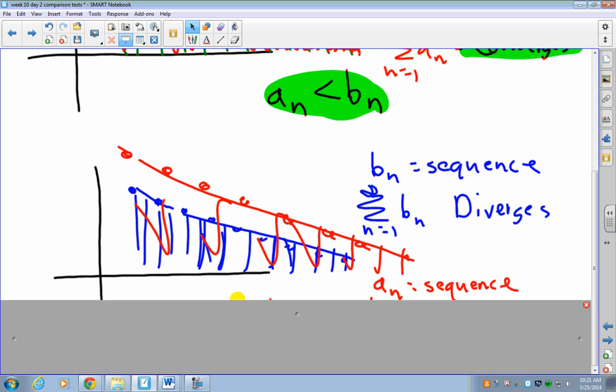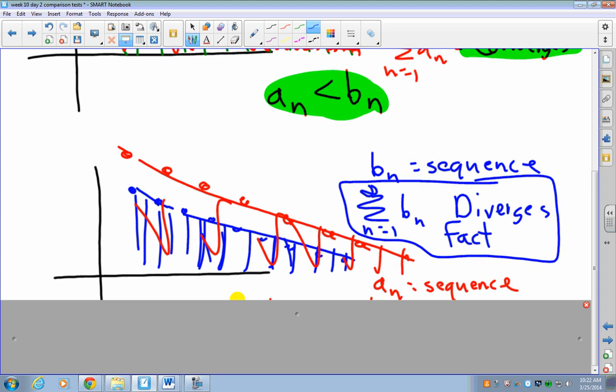So here we go. I have a red guy and a blue guy, and I'm telling you for a fact that the blue guy blows up. That's my fact. So Zella's example was 1 over x blows up.